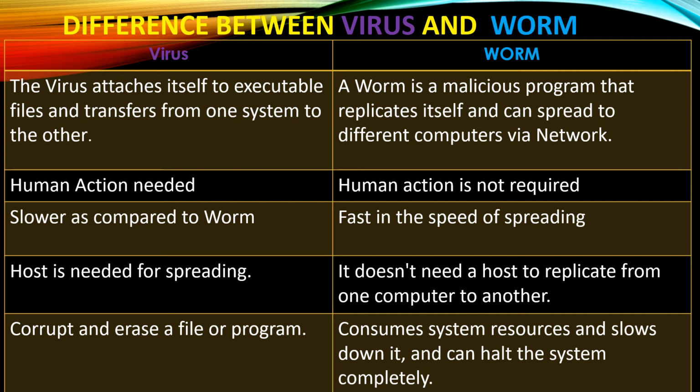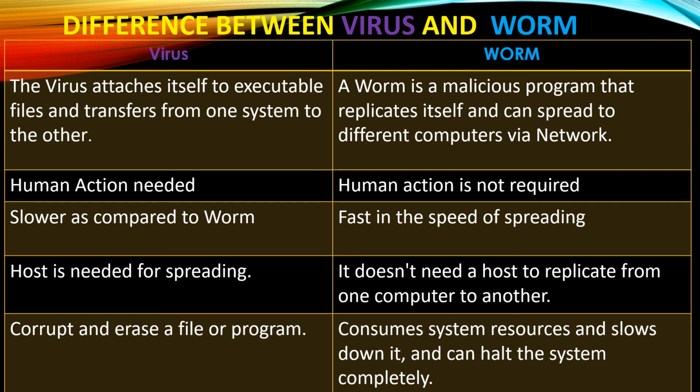It needs a host, where the host can be any software, any program, or any file or document or PDF. On the other hand, a worm doesn't need a host to replicate from one computer to another, which means a worm runs independently.